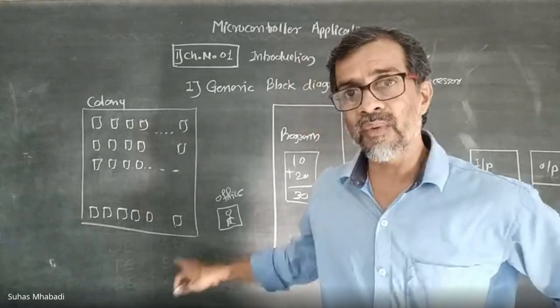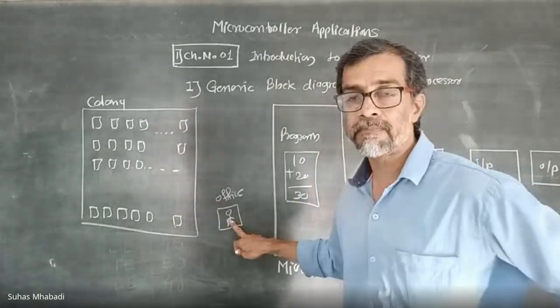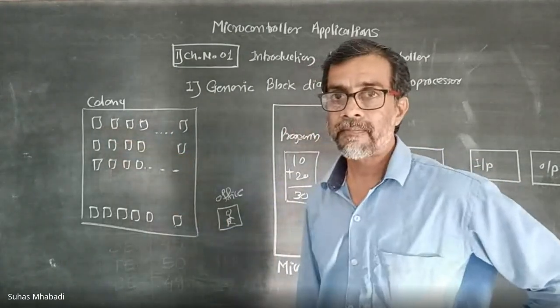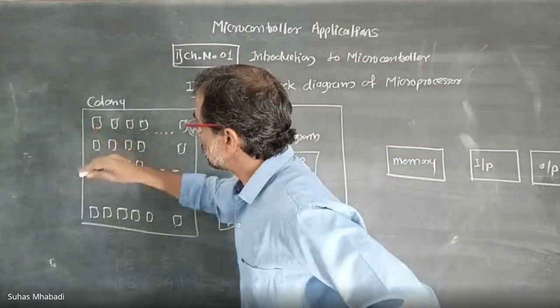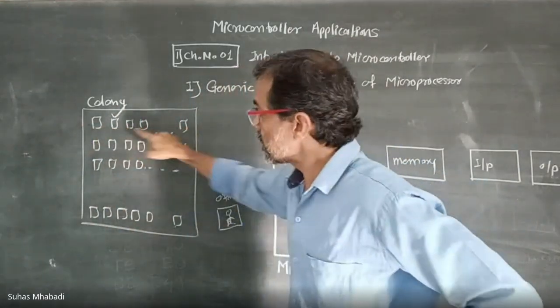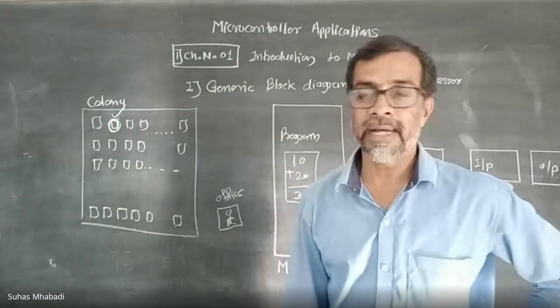So what does it basically require? This fellow is going to transfer that package to one of the houses. For example, this is the second house, row number 1, house number 2. Here, that fellow has to deliver the package.